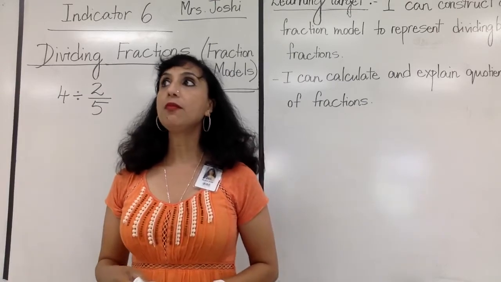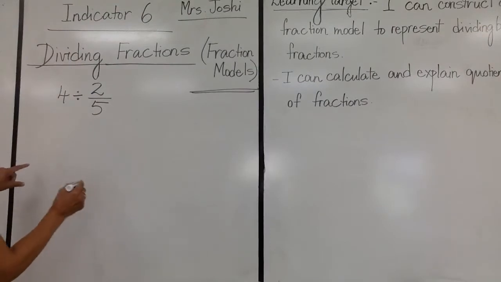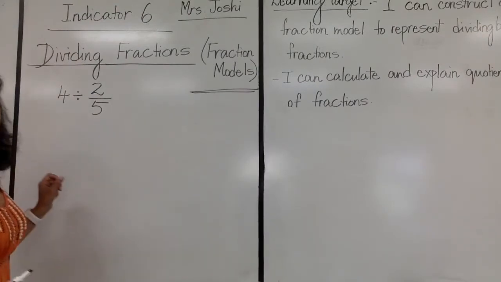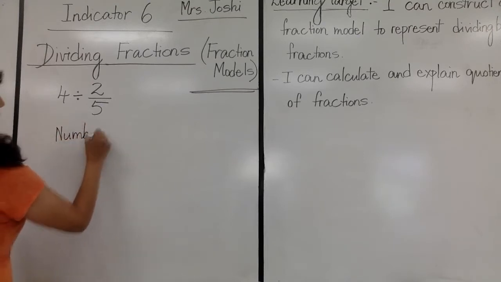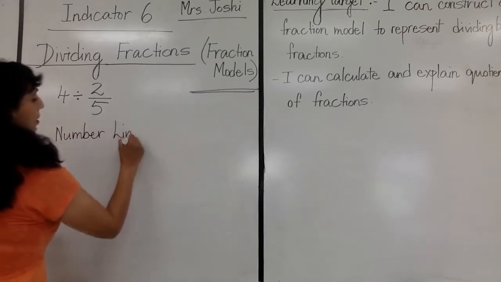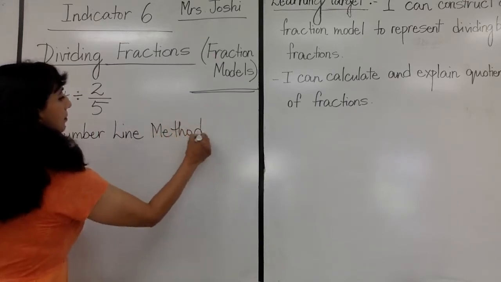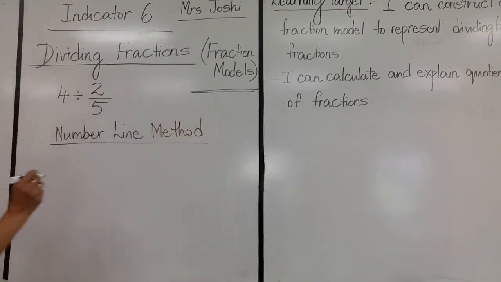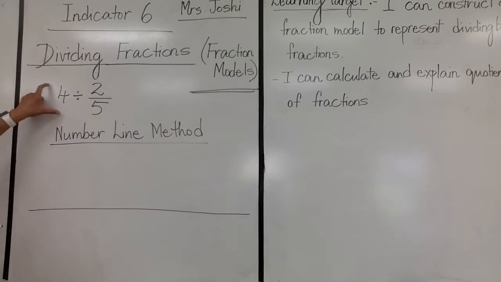So if I say 4 divided by 2/5, this is the first method which I'm going to show you, the number line method. In this, you make a number line, and since we are talking about 4 wholes, we are going to start here.